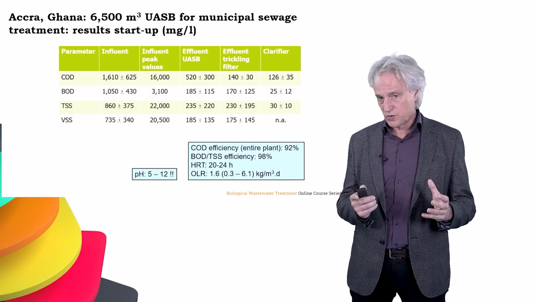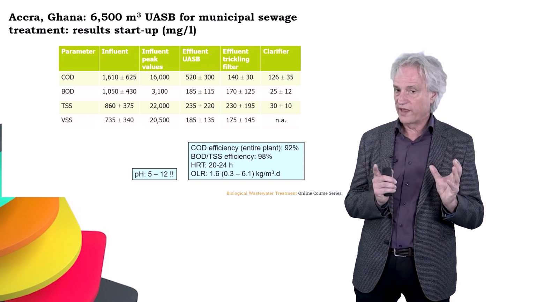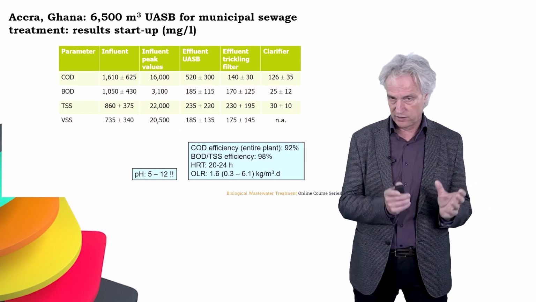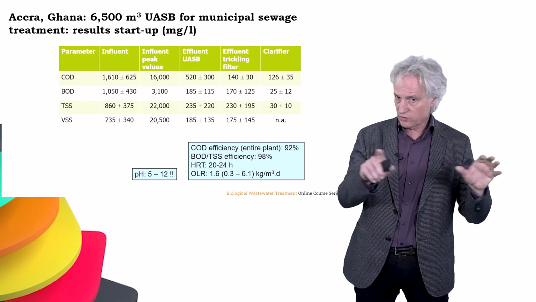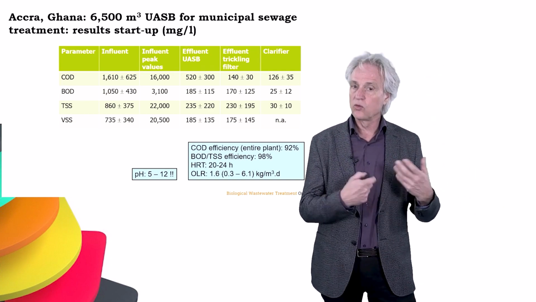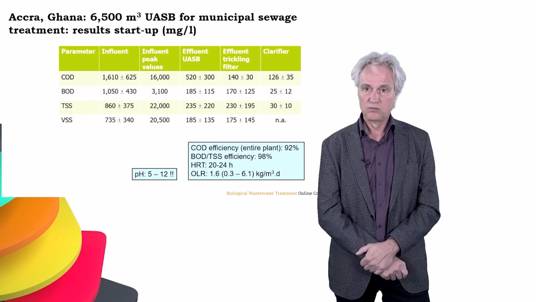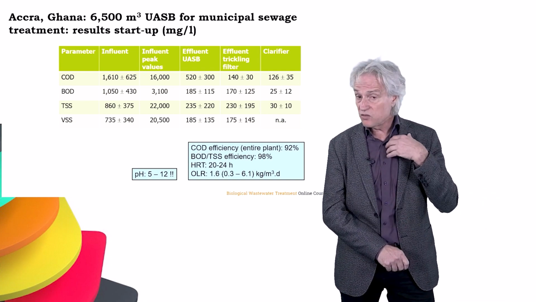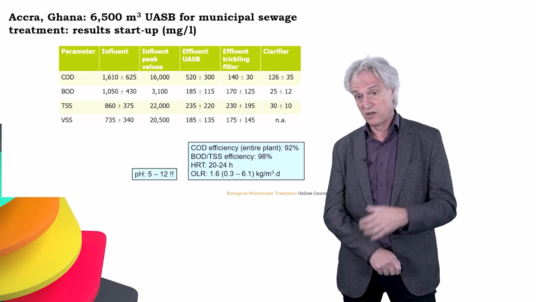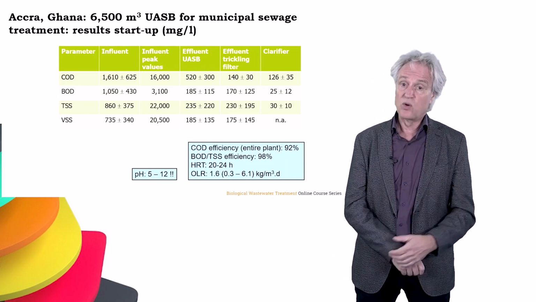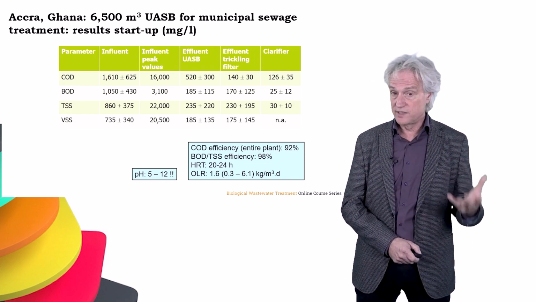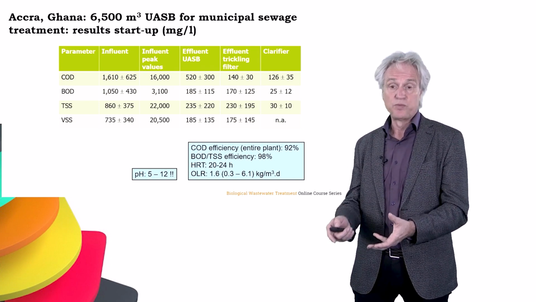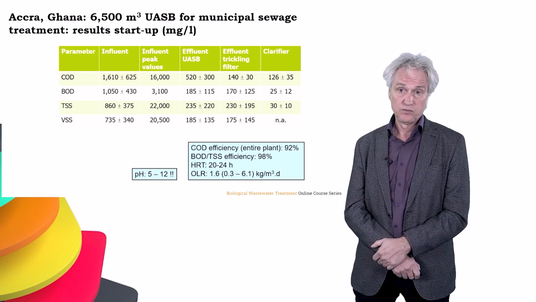The anaerobic sewage treatment plant only served a very small area of the city, maybe 10% or less of the municipality of Accra. The rest of Accra was equipped with on-site sanitation, septic tanks, but also night soil containers, and these were desludged by tanker trucks. What happened is that the tanker trucks dumped these solids into the sewage system, and the sewage was pumped to the anaerobic reactor.